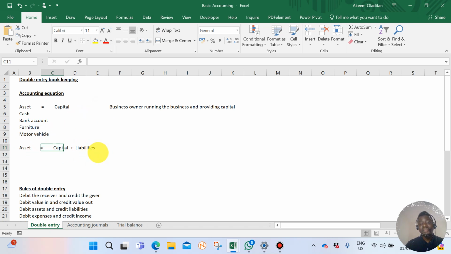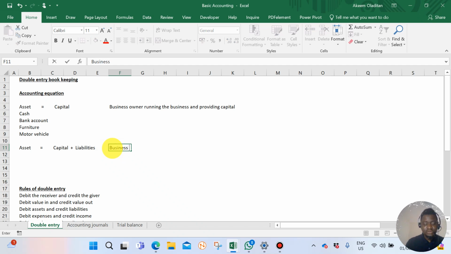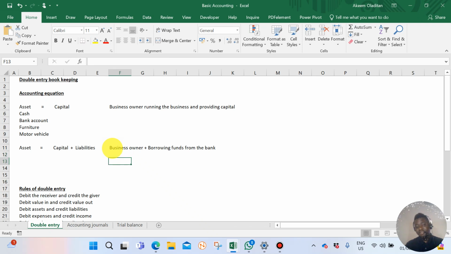So what we're now saying is that the business owner is using the capital that he brought in, plus borrowing funds from the bank. I just use this very simple example for us to understand how we arrive at liability. When the business owner goes to the bank to borrow some funds, that becomes a liability.